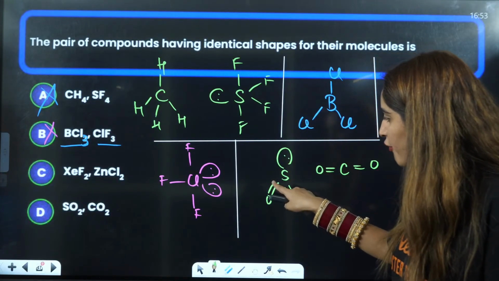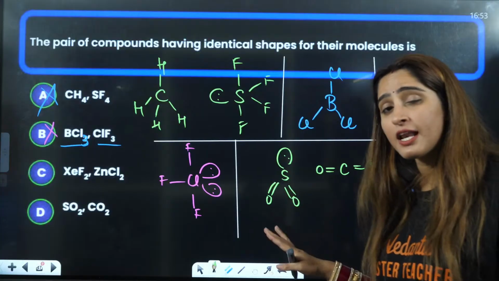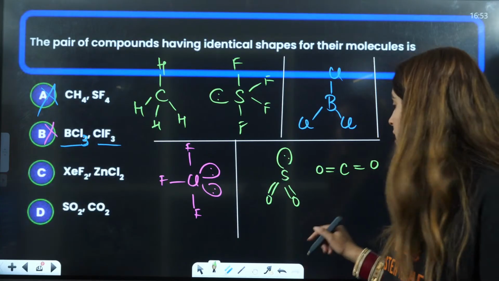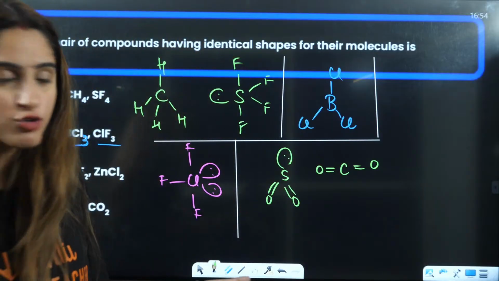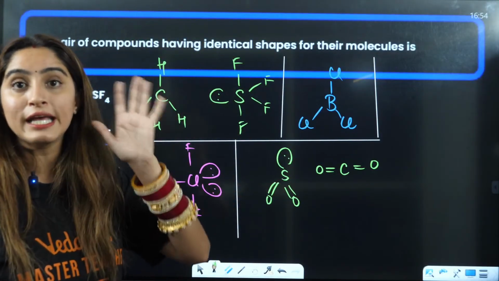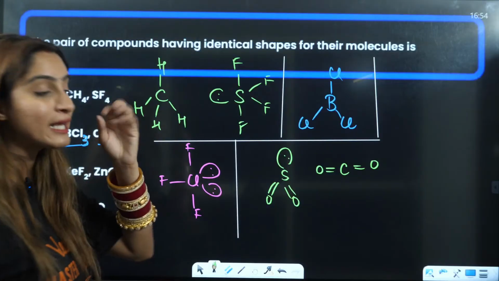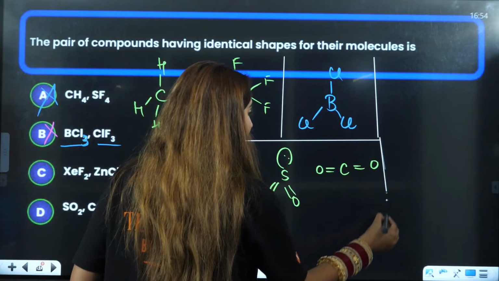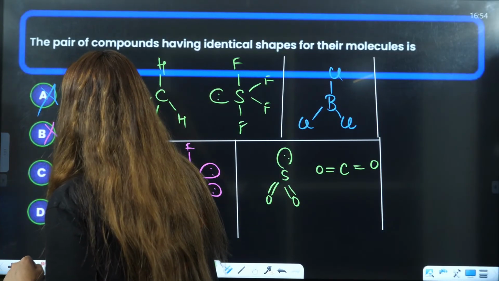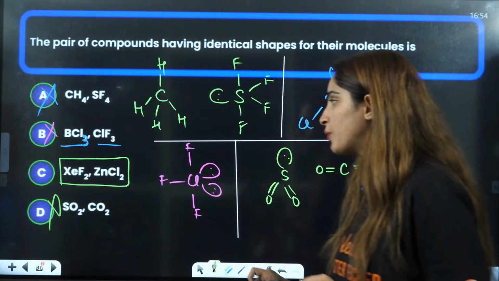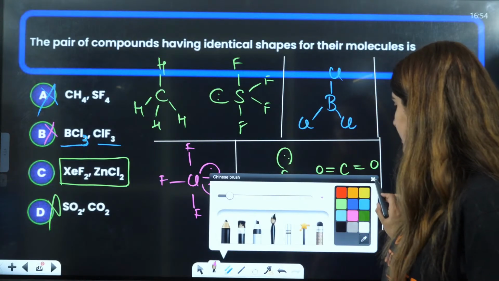That is why after forming double bonds, it is still left with one lone pair. But carbon, belonging to group number 14, only has 4 outermost electrons, so all the electrons are occupied here. So the geometry is not the same. The answer will be ZnCl2 and XeF2 definitely, right?